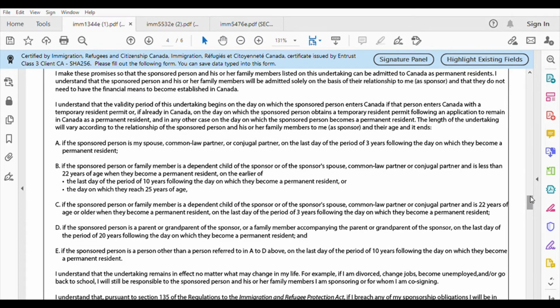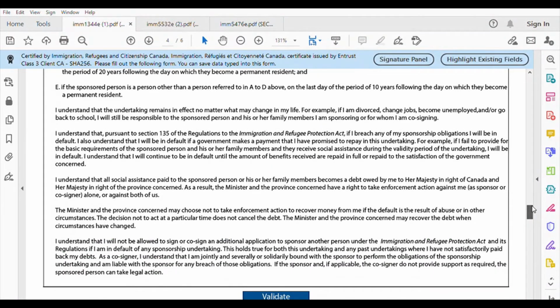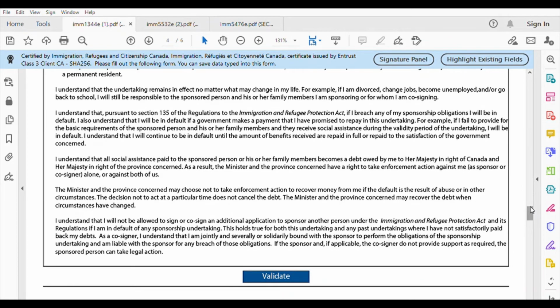So you can read this here, and the sponsor is responsible to provide all the basic needs for the principal applicant, and even within this period, if there was a divorce, a breakup or anything, the sponsor is still responsible for the principal applicant financially until this period is finished.